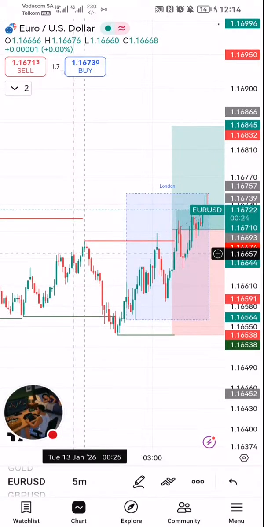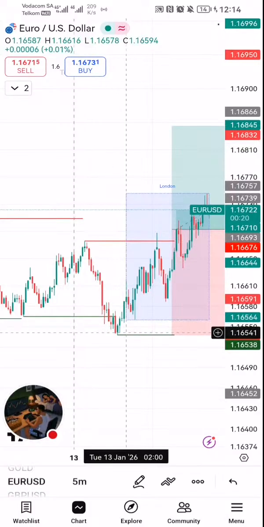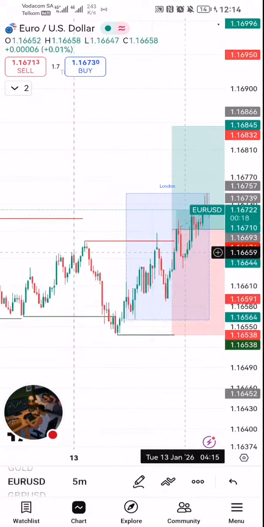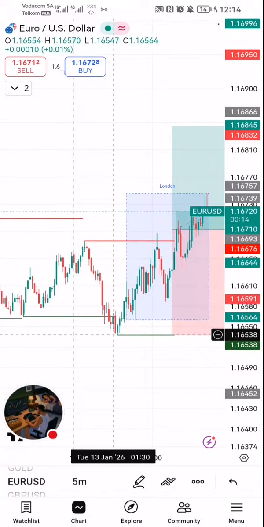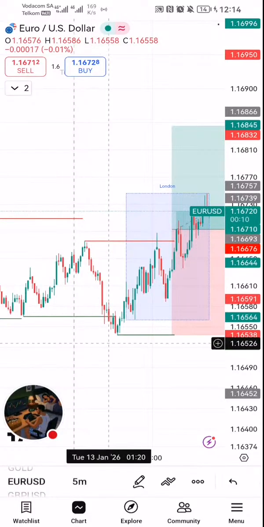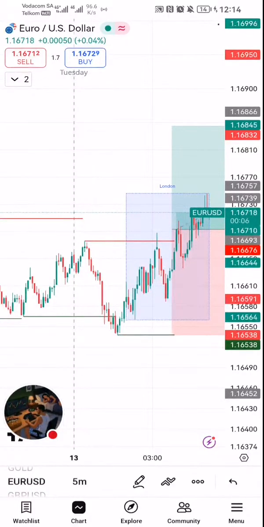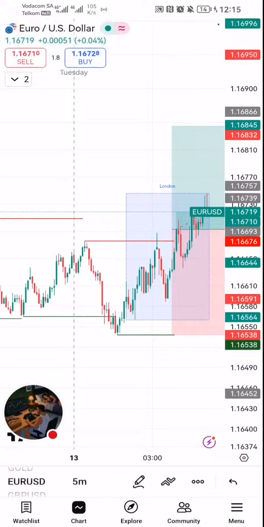They were on a buy and they had their stop losses below here. You see, it just closed below and then it continued to go up. So if you're on a buy trade, if you are me, you need to give your stop losses a few pips. That's why you always gotta set the minimum risk so that you can afford to give your trade some breathing room, right? So that your setups are gonna prosper.